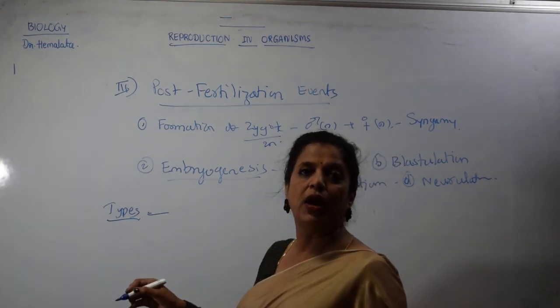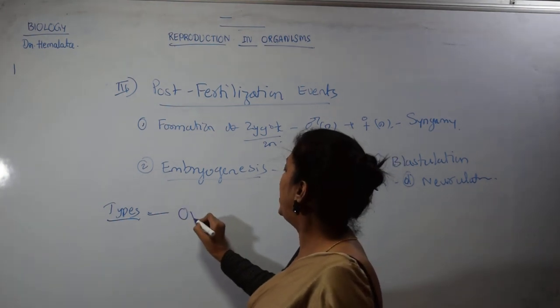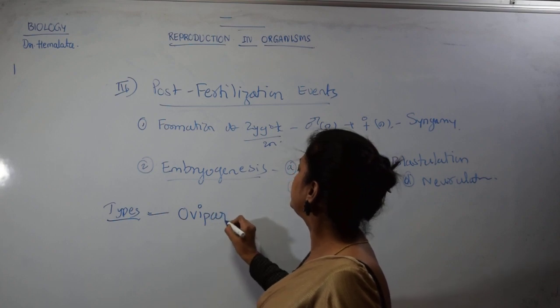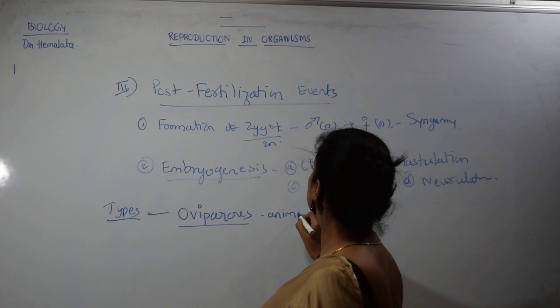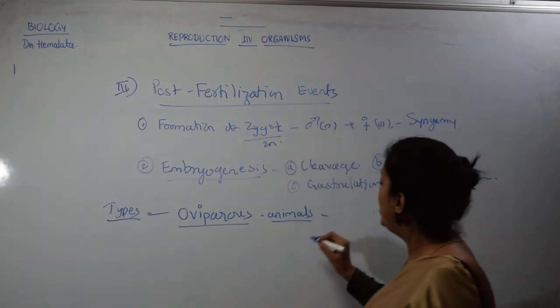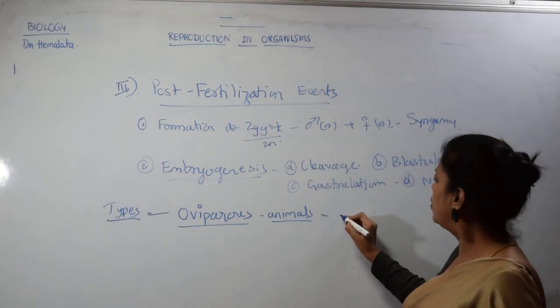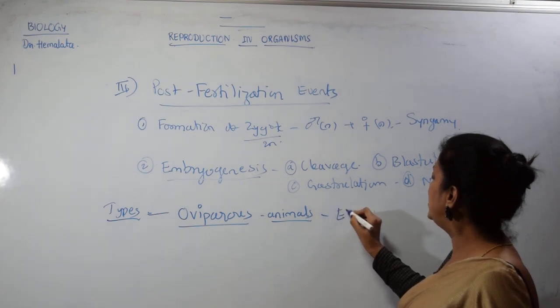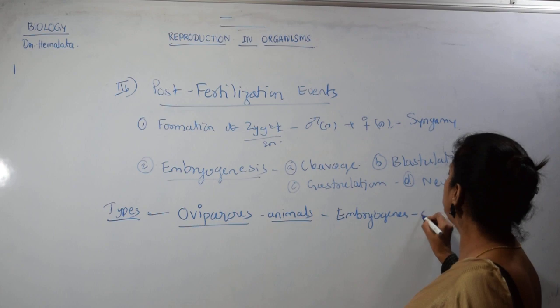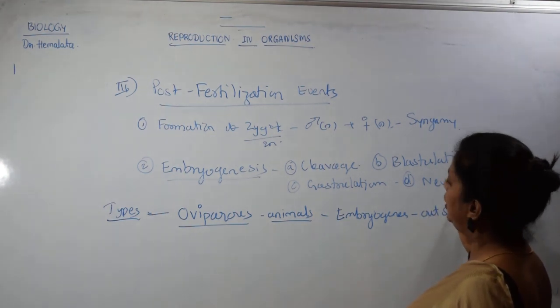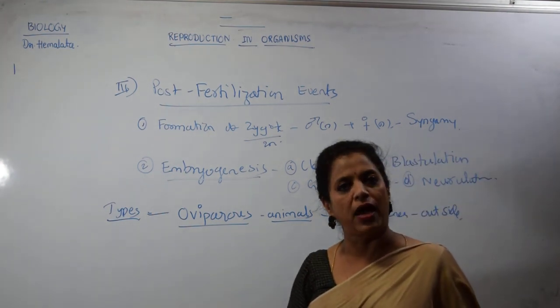Such ones are called oviparous animals. Those animals in which the embryogenesis happens outside the female body are called oviparous animals.